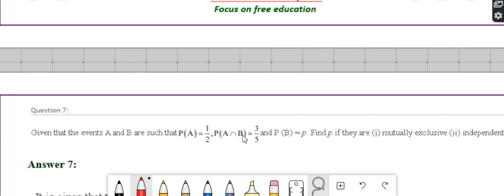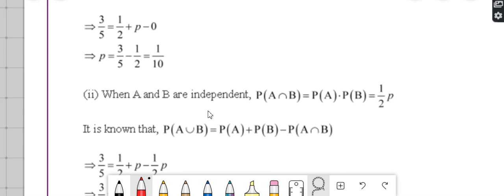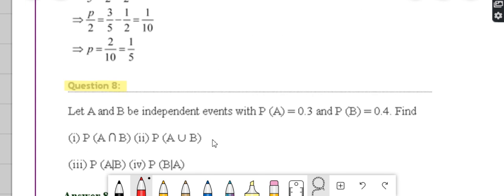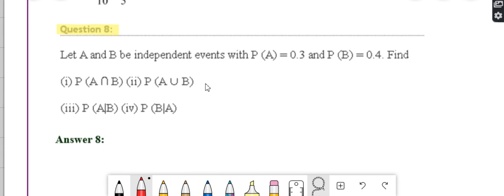Okay, coming towards question number 8. This time P of A is available, P of B is also given, and we have to find P of A intersection B, where A and B are independent events.